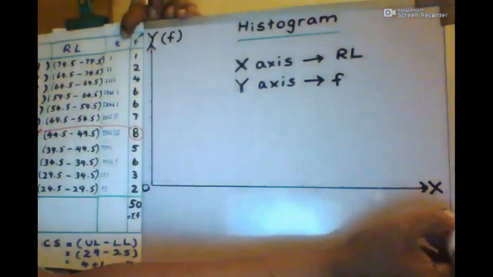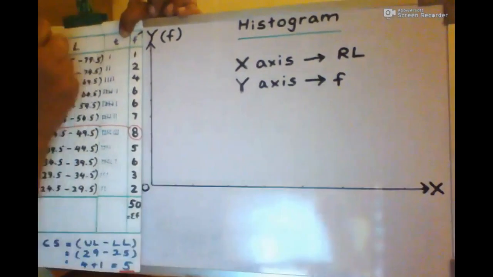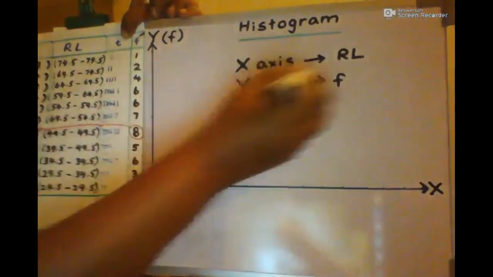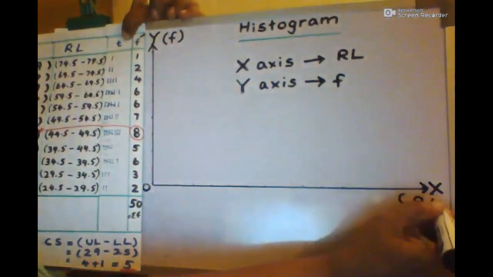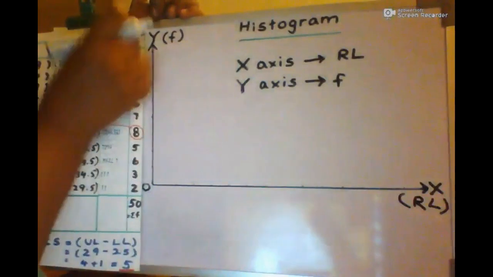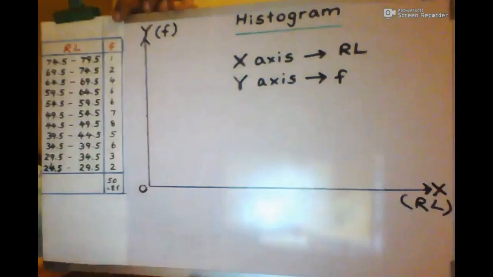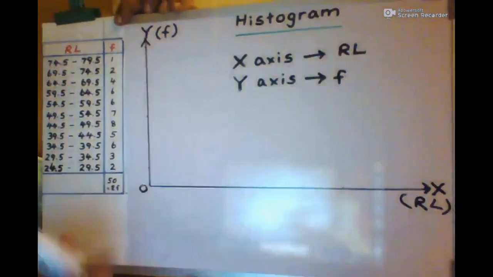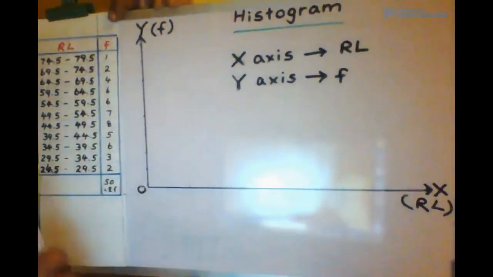What do we take for the x-axis? Real limits. So we'll take these two columns out, real limits and the frequencies.